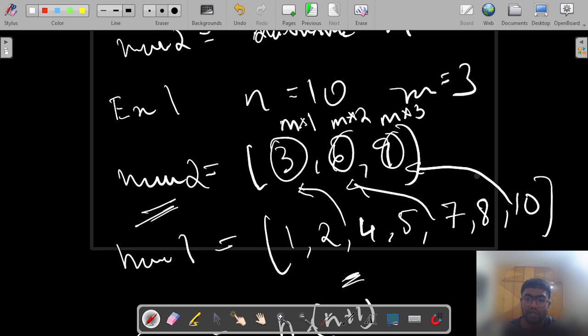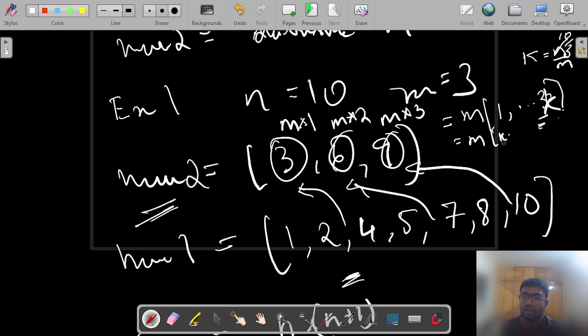So let's say k is equal to n by m, which is 10 by 3 in our case, which gives us 3 as we see here. So this again comes to m into k by 2 into k plus 1.